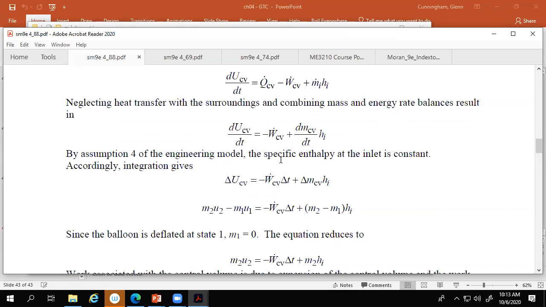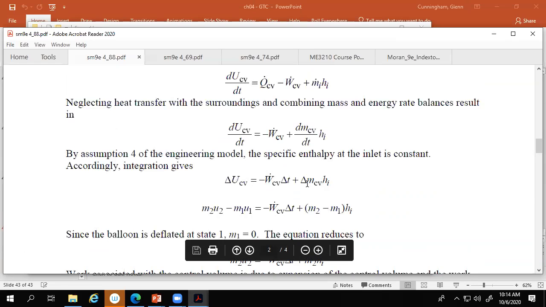And the h is constant, and so in this term the dt's cancel, and this integrates into just the delta mCV times the constant enthalpy. Okay. So you might have to get some experience, or think about that a little bit.